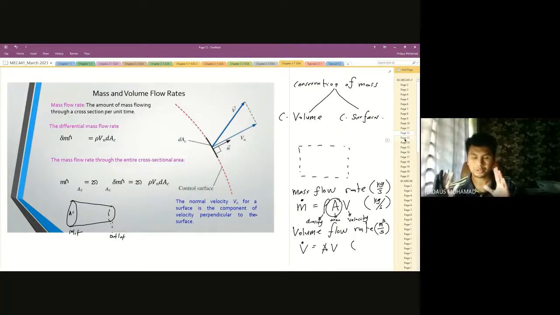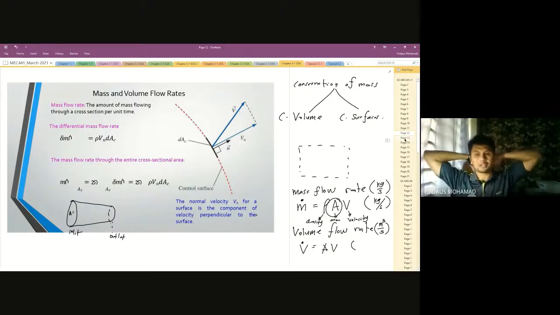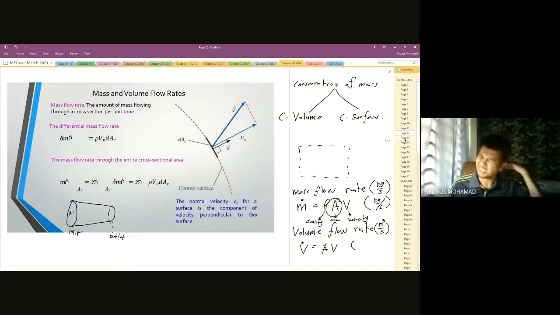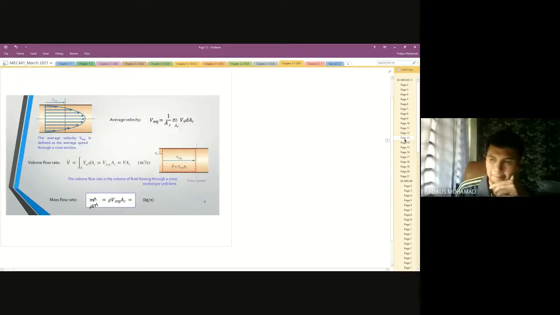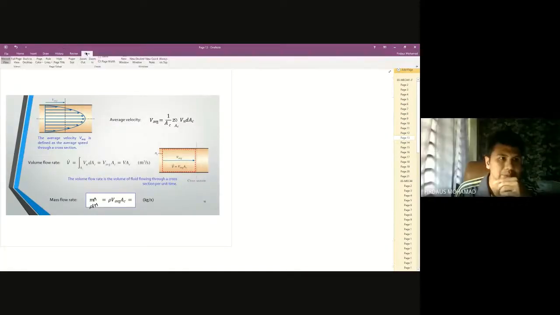So starting from today onwards, you kena sentiasa ingat mass flow rate and volume flow rate. Satu base kepada mass, satu lagi base kepada volume. Boleh? Boleh.